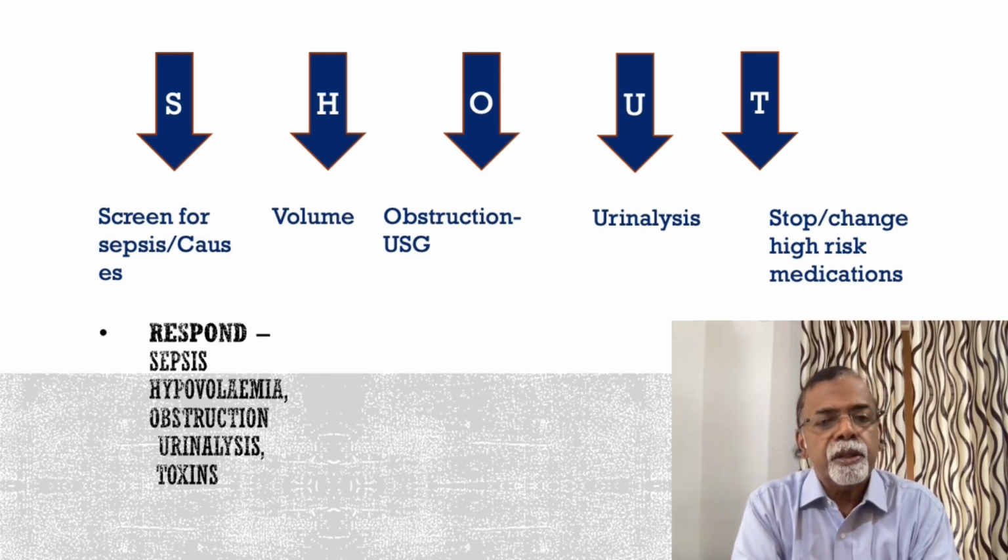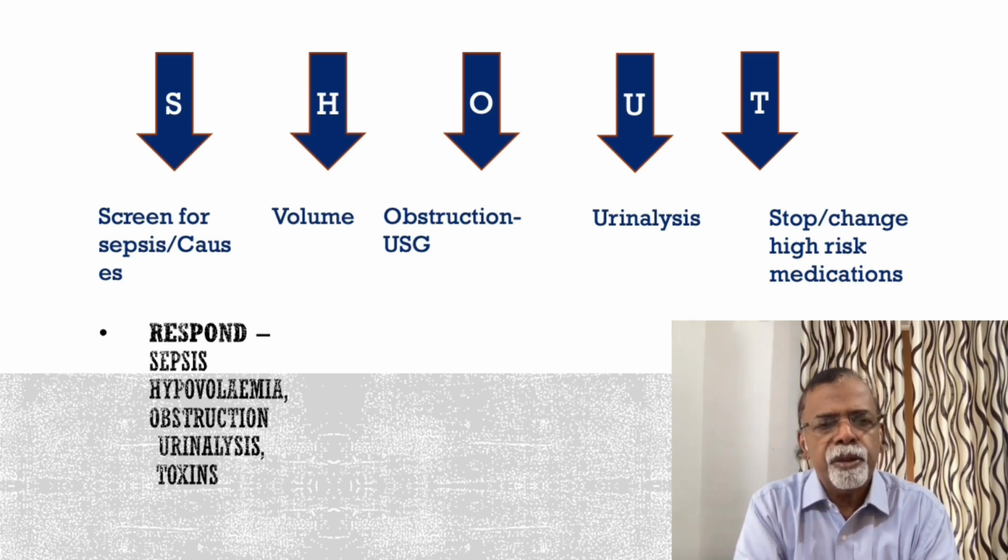We can use the mnemonic SHOUT. S: Screen for sepsis. H: Assess the hypovolemia, assess and document the fluid status. O stands for obstruction: ultrasound scan. U: urine testing is mandatory.